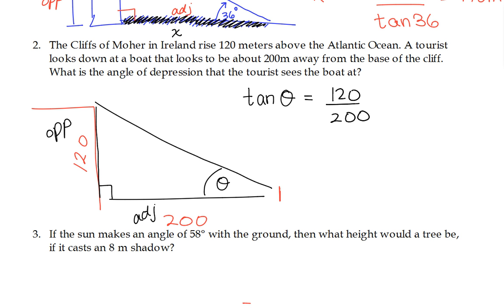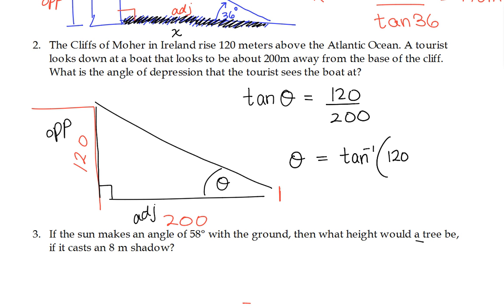Now, how do you get rid of the tan so that I can isolate theta? The tan minus 1 thing, which is called inverse tan. On the calculator, it's called second function. It has a little minus 1 symbol to do that.